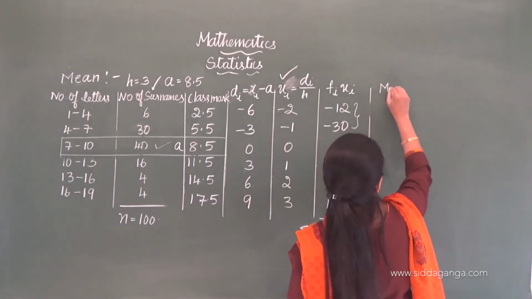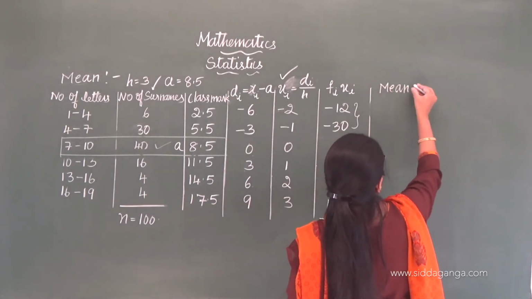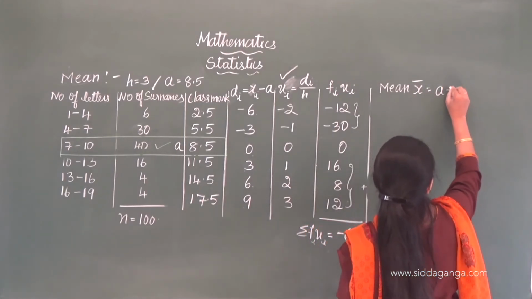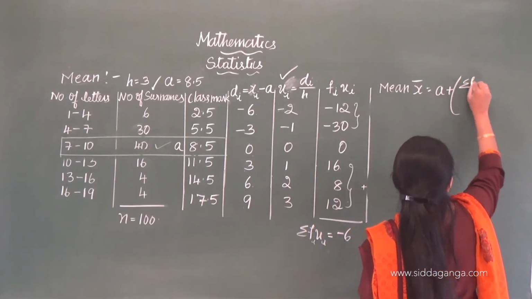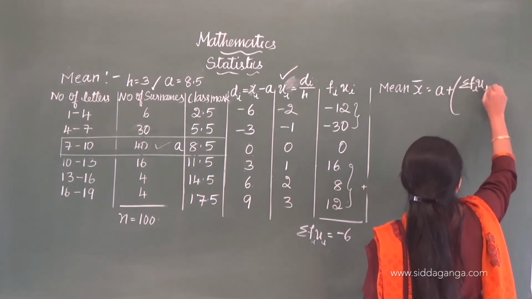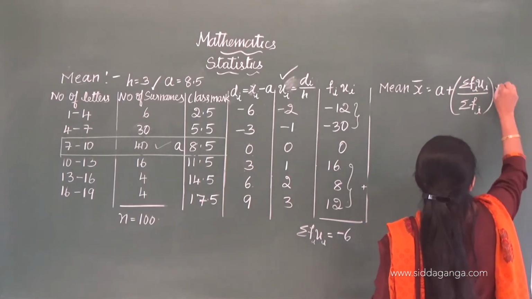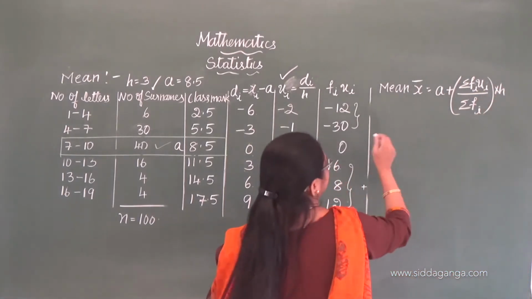Mean, or x bar, is equal to A plus sigma Fi ui divided by sigma Fi, into h. So this is the formula.